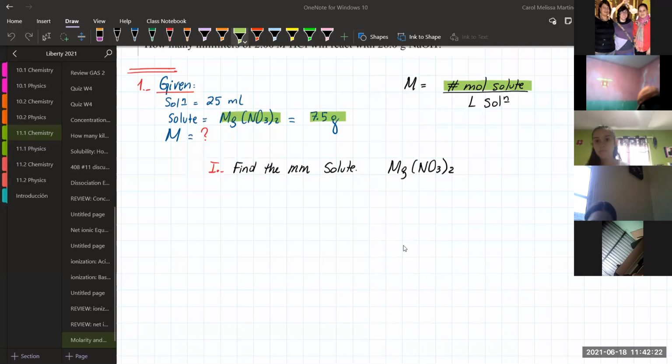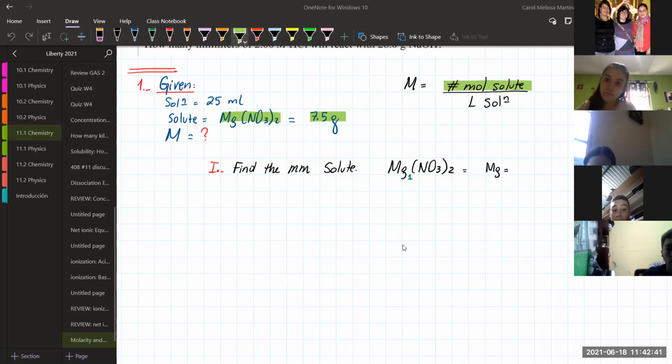we know that we have an invisible 1 magnesium atom, okay? And remember that the 2 that is outside the parentheses will multiply everything inside the parentheses.